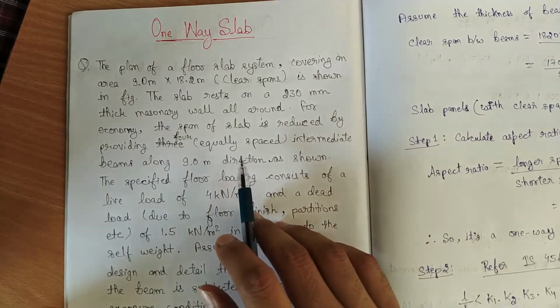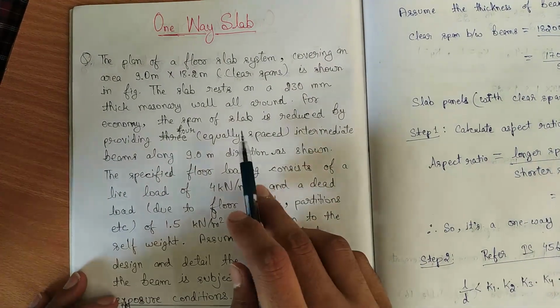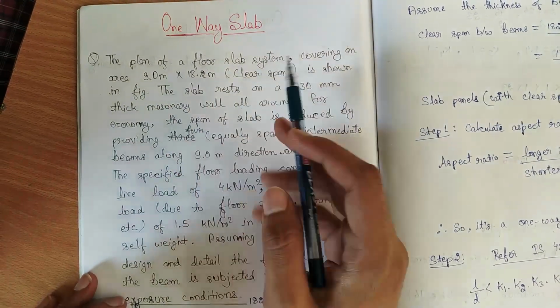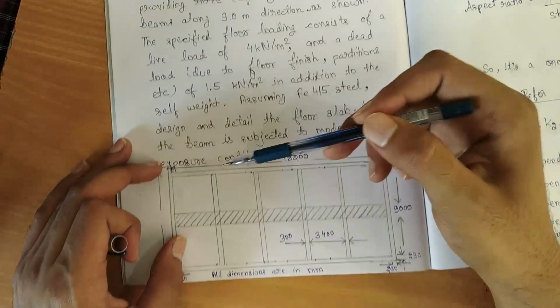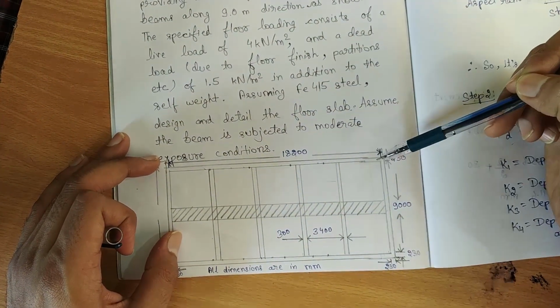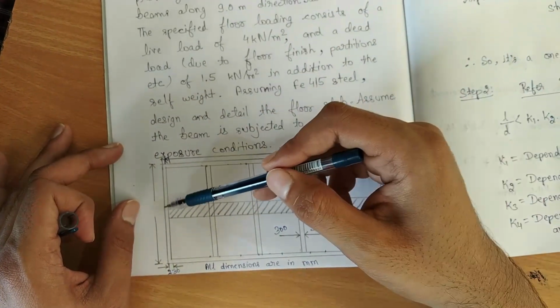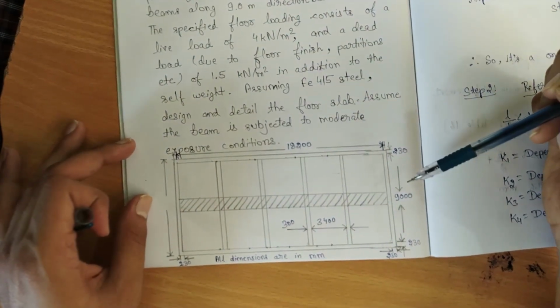So one-way slab. Let me explain you the question again. So we had a slab of 9 meter by 18.2 meter, which we have divided in 5 equal parts. You can see it here. The beams were of 300 mm and the support were of 230 mm. The support was a masonry wall.